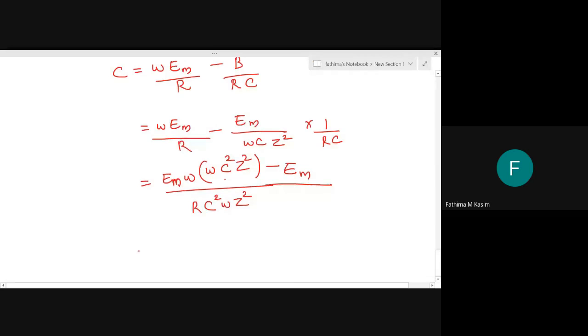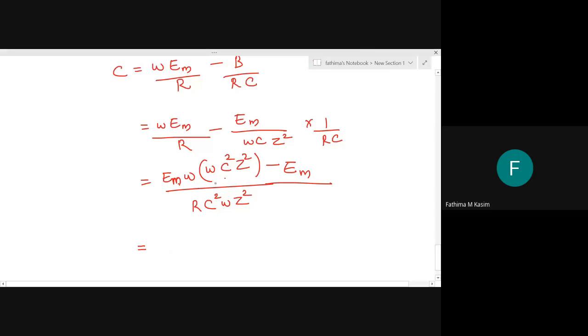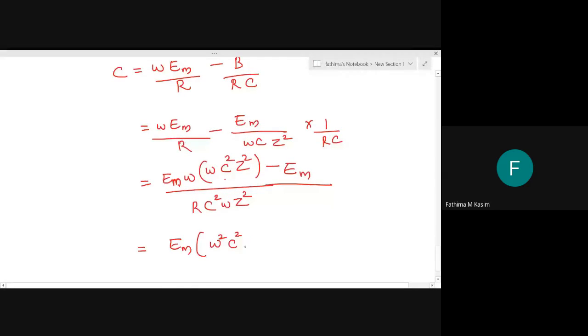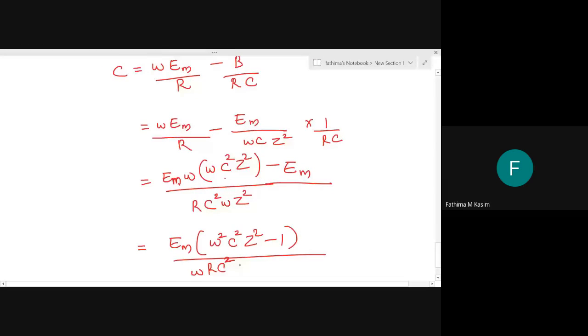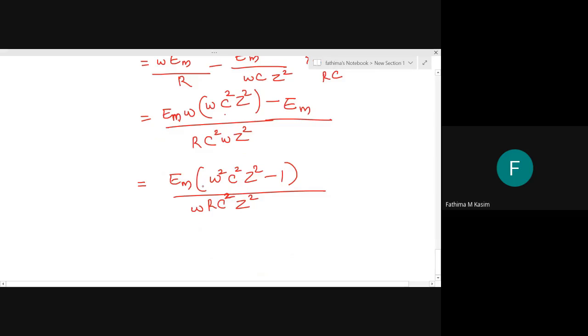Now this can be written as, taking EM on the numerator outside, EM into omega square C square Z square minus 1 divided by omega R C square Z square.